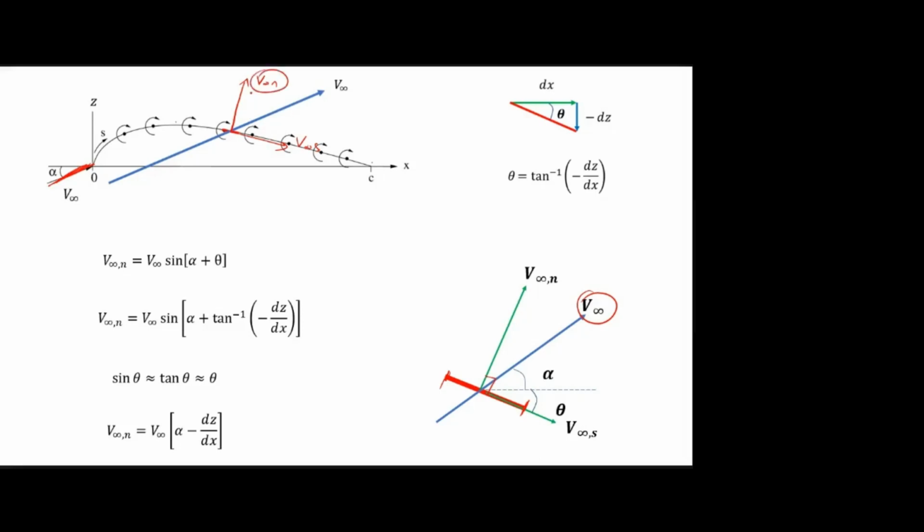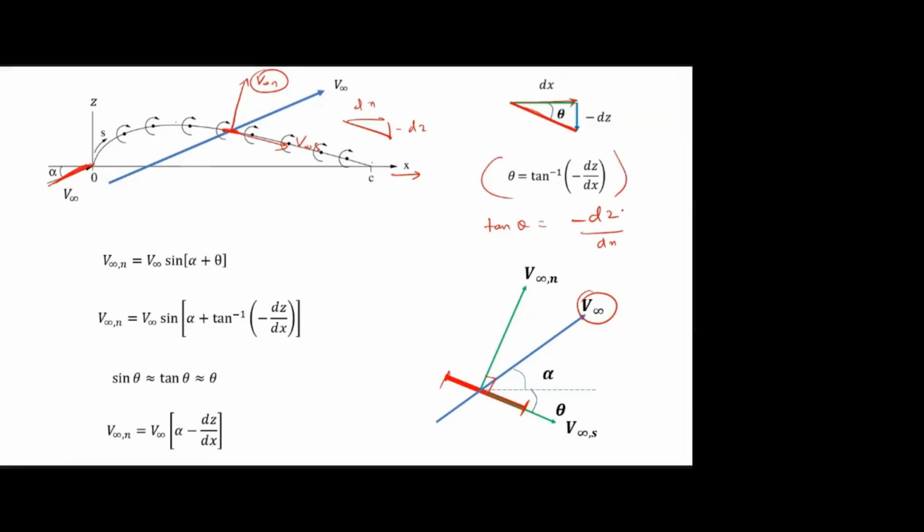What we need is this V infinity N, and this is the camber line, and we can find the slope at different points on the airfoil. I'm taking the slope as theta, the small red color line here. You know this axis is the x-axis. So this is dx, then the vertical axis is dz. It is coming down, so it is minus dz. So now I can write tan theta is equal to minus dz by dx, and theta means tan inverse of minus dz by dx.